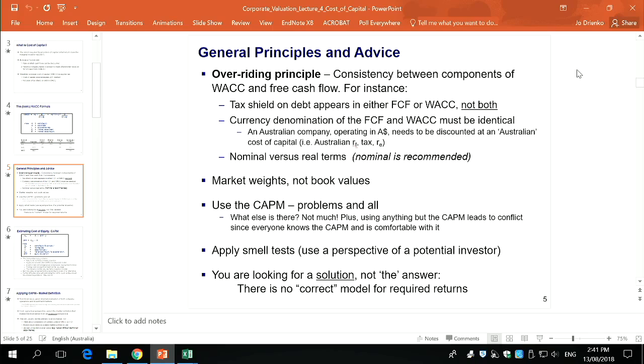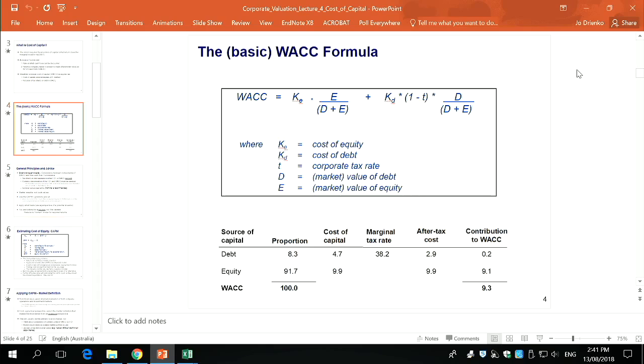It's pretty sad. Next is, just like with all forecasting in valuation, if it doesn't look right, it's not right. If you have a cost of debt of 10%, it's wrong, by the way. If you have a cost of equity of -2%, I've seen students do that, that's incorrect.